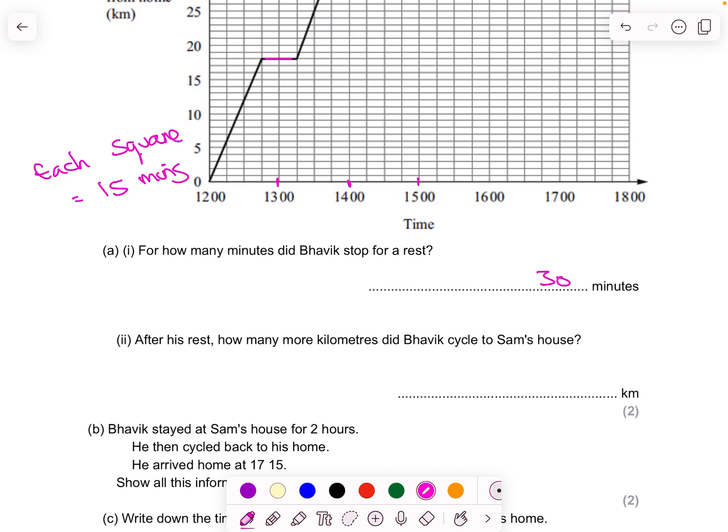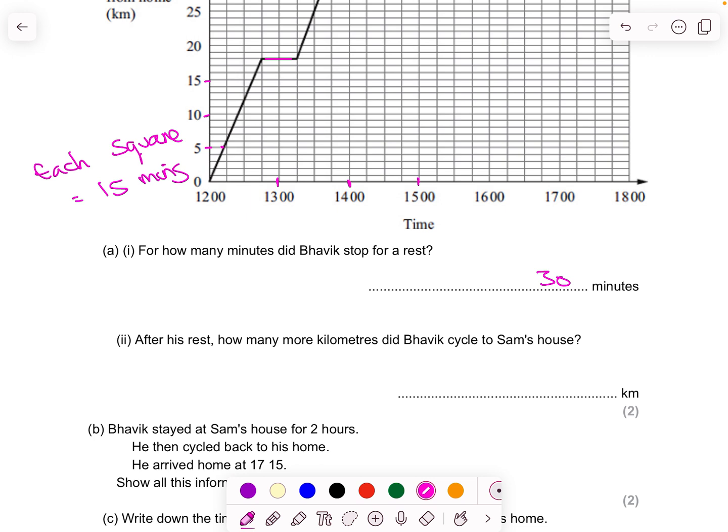So he went from, and again, we've got to be careful with the scale. I think it's going up in 5s. Hold on, 1, 2, 3, 4, 5. Yeah, it is. My eyesight is not very good at the moment.